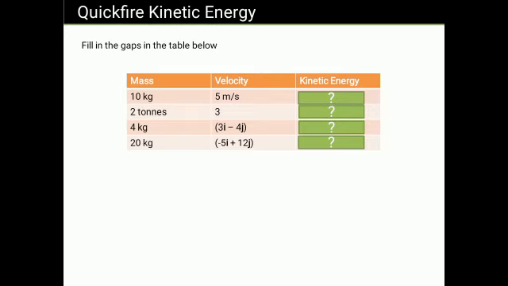Half into 10 into 5 squared. 10 and 2 cancel, so 5 into 25, which is 125. The kinetic energy is 125. Using similar values, we can find the kinetic energy.